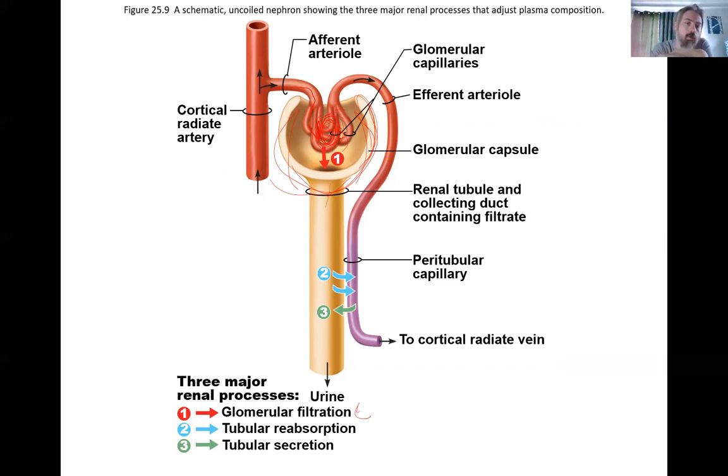As we move down, the filtrate passes through the tubule, and we begin reabsorbing, so we pull 99% of the stuff we just kicked out back into the blood. Again, primarily in the proximal convoluted tubule, but it happens throughout the process. And then we decide a little more specifically, of the stuff we just reabsorbed, what do we really not want? And we're a little more selective in what we secrete back into that filtrate.